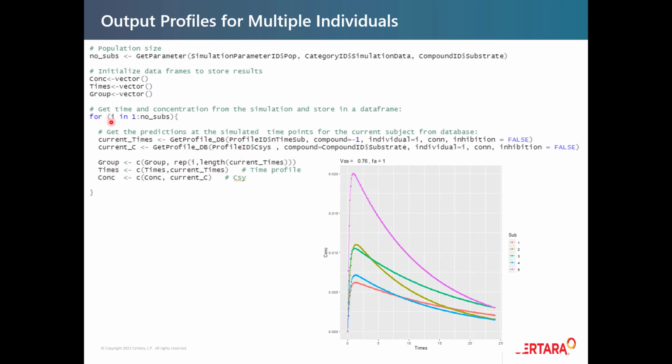Then when I change to 2, we extract the time and the concentration data, save it into an object called times and conc, and then I change to 3, and the same process is repeated for all the remaining subjects. Once this data is collected, we can then go ahead and make the plots for all the population within the workspace.